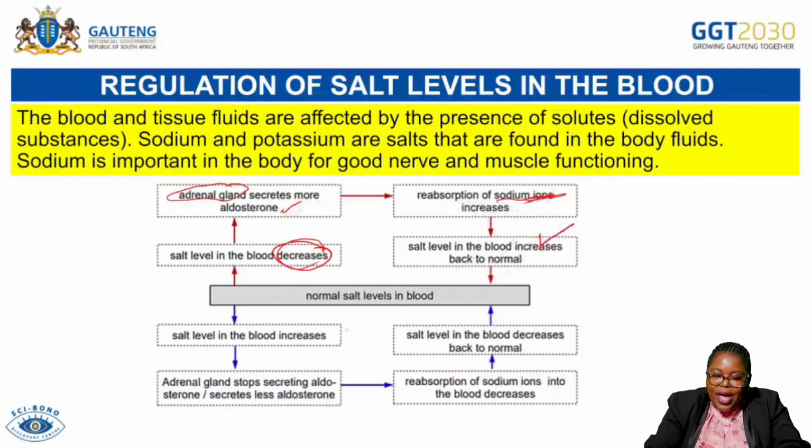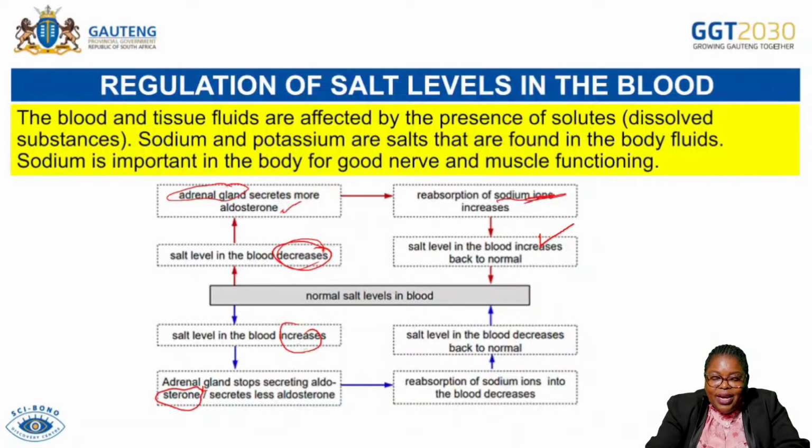Then the opposite way, what will happen if the salt level in the blood increases? The adrenal gland stops secreting aldosterone. Remember, when the salt level is low, the adrenal gland is going to secrete aldosterone.